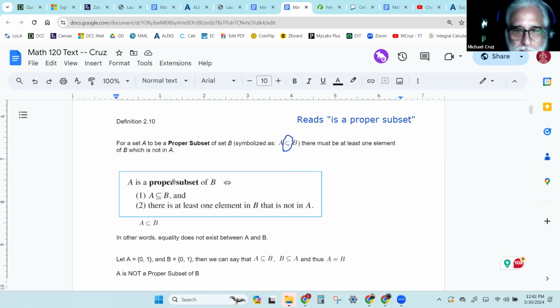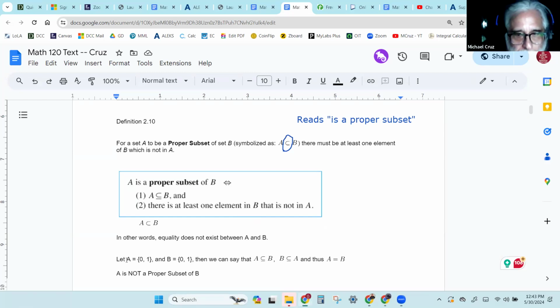And what it amounts to is what we say here in part 2. Obviously, it's a subset, but part 2, there's got to be at least one element in B that's not in A. Okay?